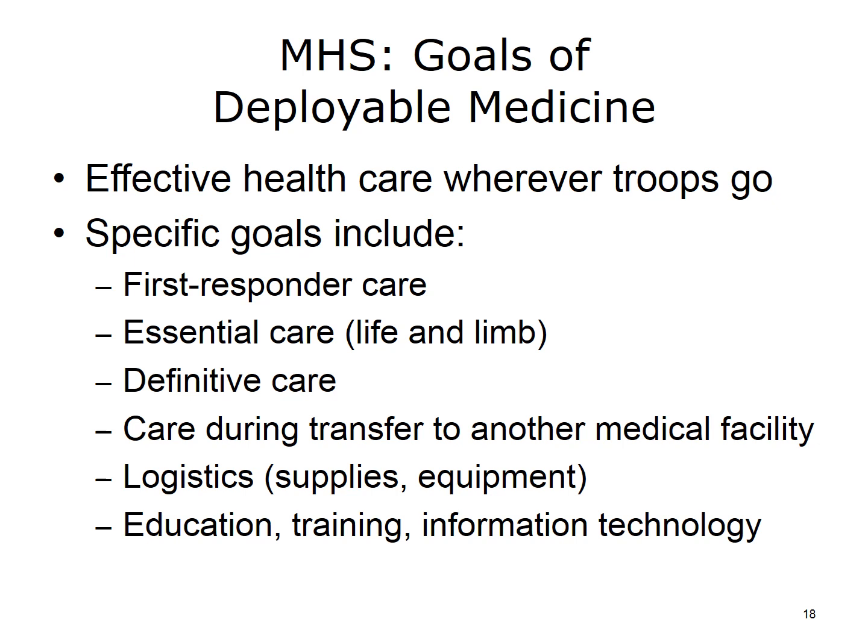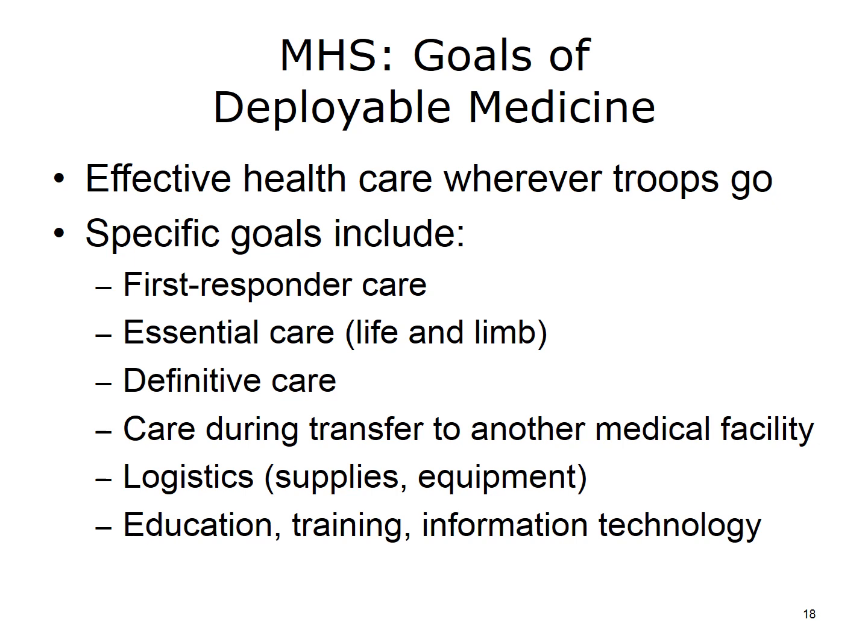Military conflicts arise all over the world, and the Department of Defense must be able to provide healthcare services wherever U.S. troops need to go. The Military Health Service provides all of the following types of care. First responder care is administered at the point of injury. Essential care is treatment to preserve life and limb, while definitive care stabilizes or rehabilitates soldiers at the location of conflict.